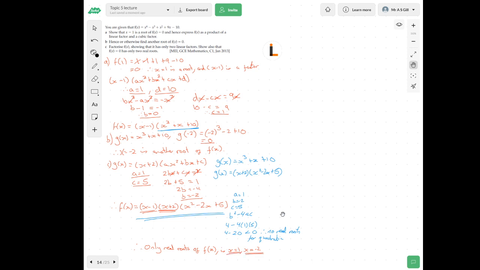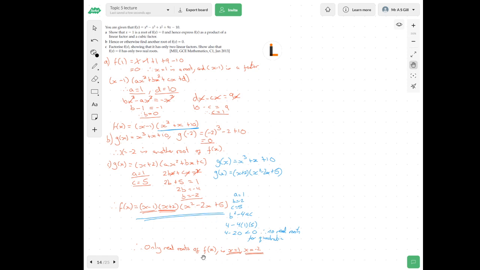Okay, so hopefully that clarifies it. Let me know in the live chat if it doesn't, and I'll try and think of another way of going around it. But essentially, the way you want to think about it, there's two bits: the factorizing and the proving of real roots.